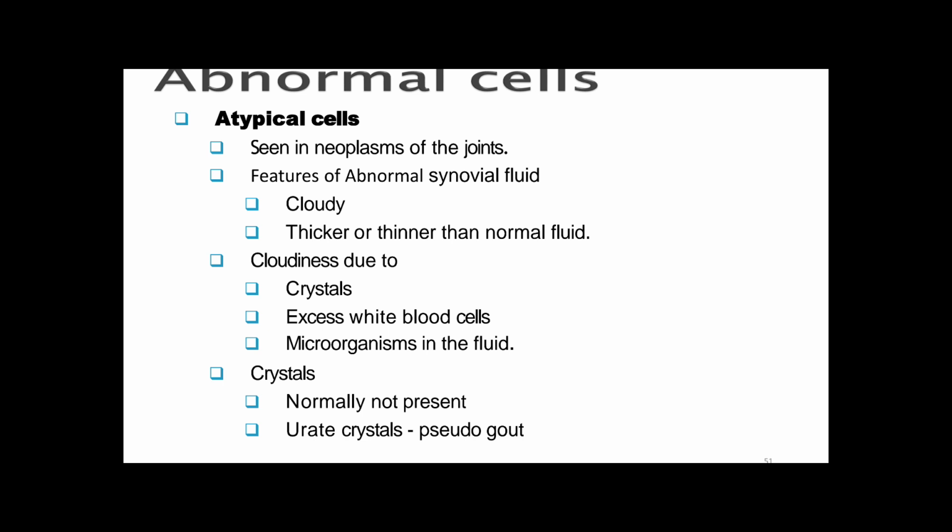Or sometimes when we consider the fluidity. This cloudiness is due to crystals, excess white blood cells, or microorganisms in the fluid. These are the three main reasons for cloudiness of the synovial fluid.